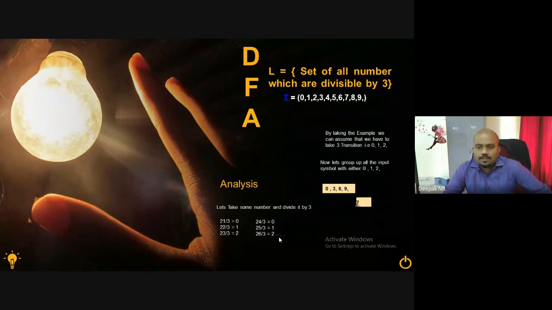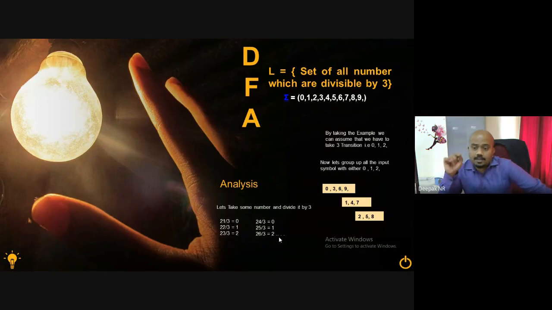And 1 divided by 3 gives remainder 1, and 2 divided by 3 gives remainder 2. Now if I take 3 and divide by 3, the numbers 0, 3, 6, 9 are divisible by 3, and the remainder will be 0, and hence I make it one group called the group 0 state.